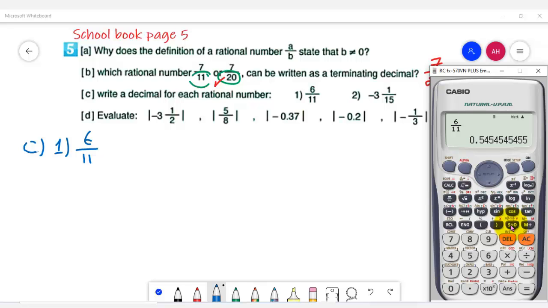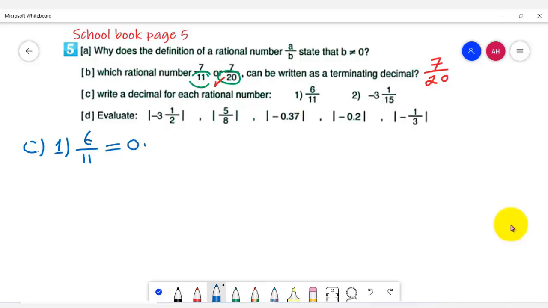So simply I'm going to write it as 0.54 and add 2 dots, one above the 5 and the other above the 4, to say that the 5 and 4 are repeated.